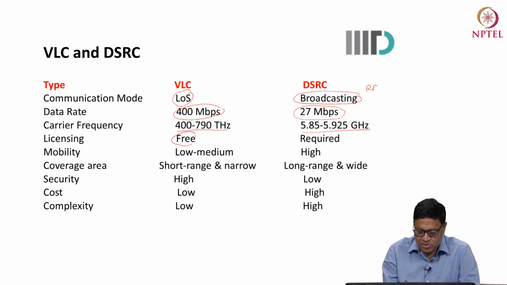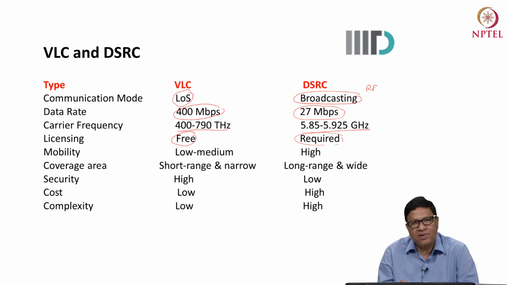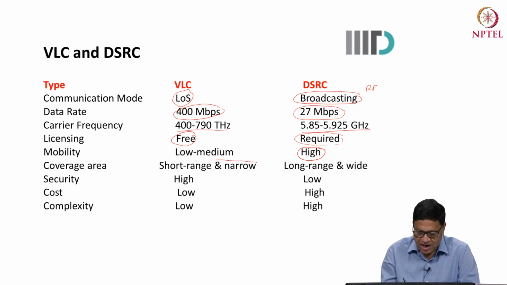There is no license required here. You require a license for this RF. The mobility is very low to medium because essentially it is a line of sight technology, but it can support little mobility. And the mobility is high in this case. Coverage area is short range and narrow, of the order of a few hundreds of meters. This could be a kilometer, for example, 1 kilometer.